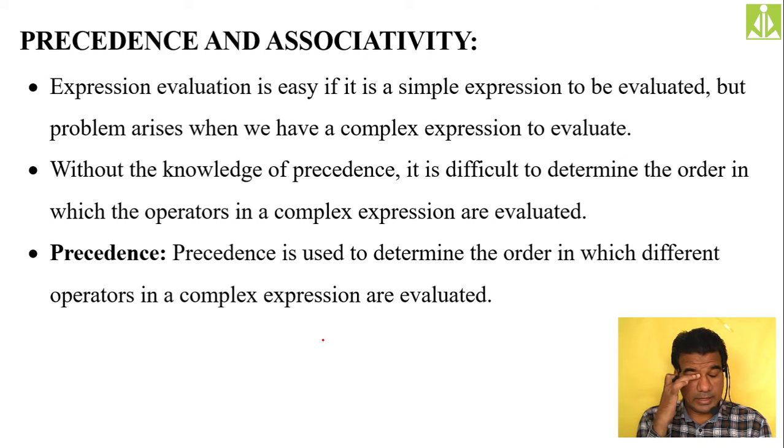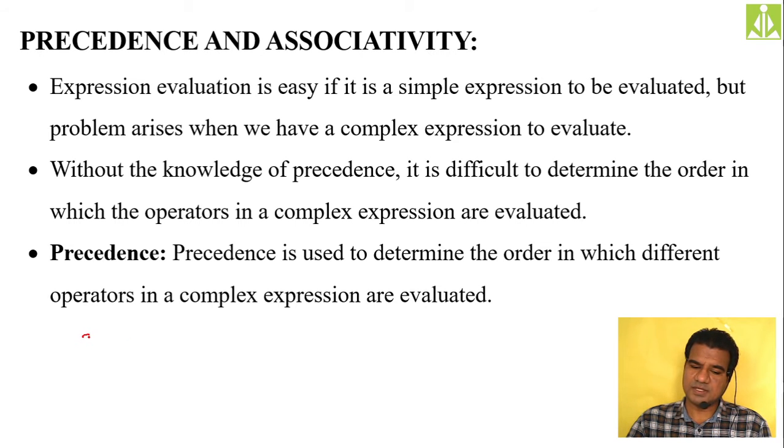When you are evaluating the expression, if it is a simple expression, what is the definition I have given? If it has only one operator in it, we call such an expression a simple expression.